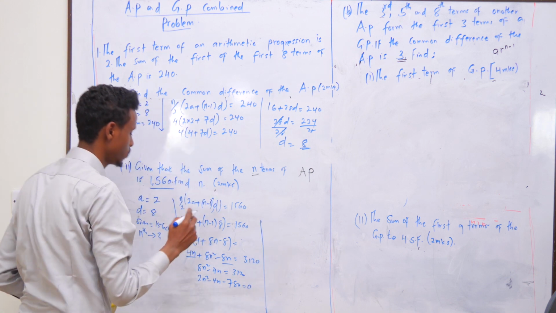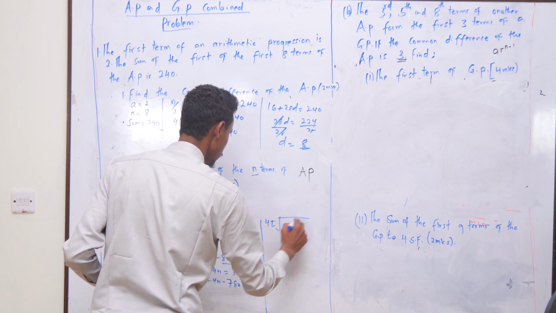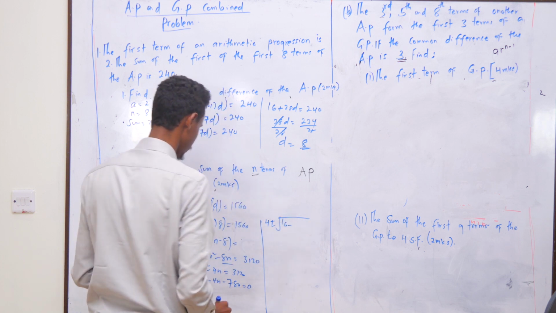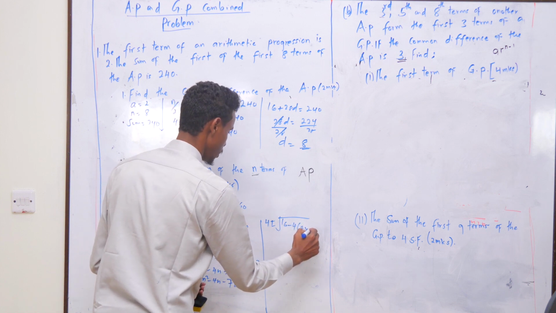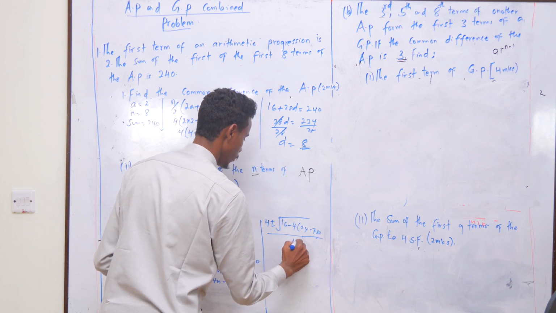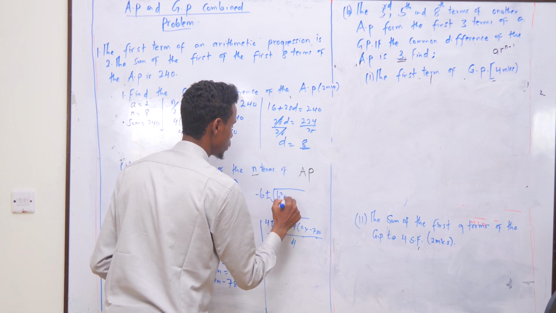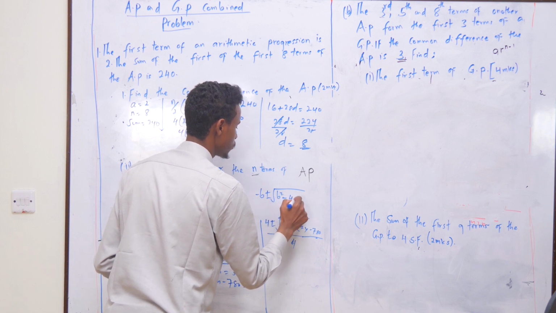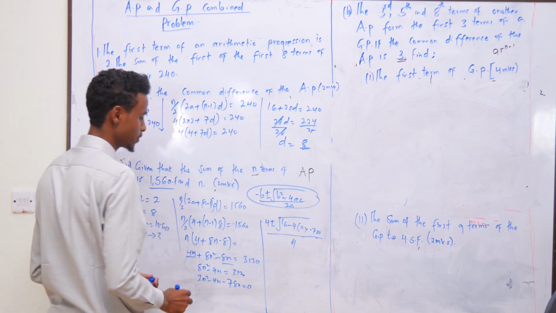Now quadratic equation, very fast. We're using the formula: minus b plus or minus the square root of b squared minus 4ac, over 2a. This is the quadratic formula, very simple.